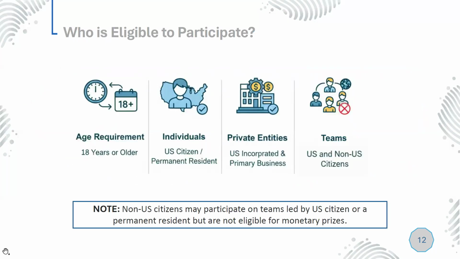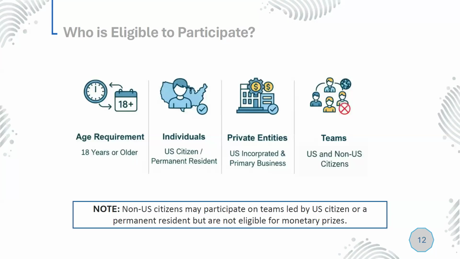So who is eligible to participate? You must be at least 18 years old. And the prize is open to folks submitting as an individual, as private entities, and then as teams. What this means is that for individual applications, those applicants must be a US citizen or permanent resident. In the case of a private entity submitting an application, they must be incorporated in the US and maintain a primary place of business in the United States as well.